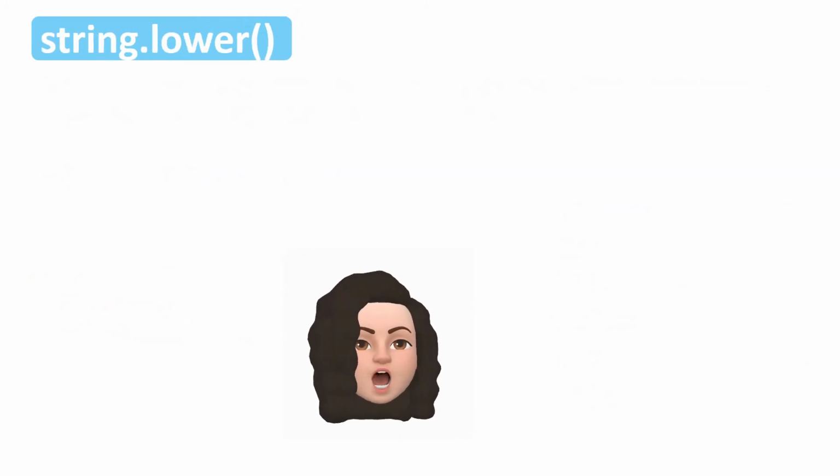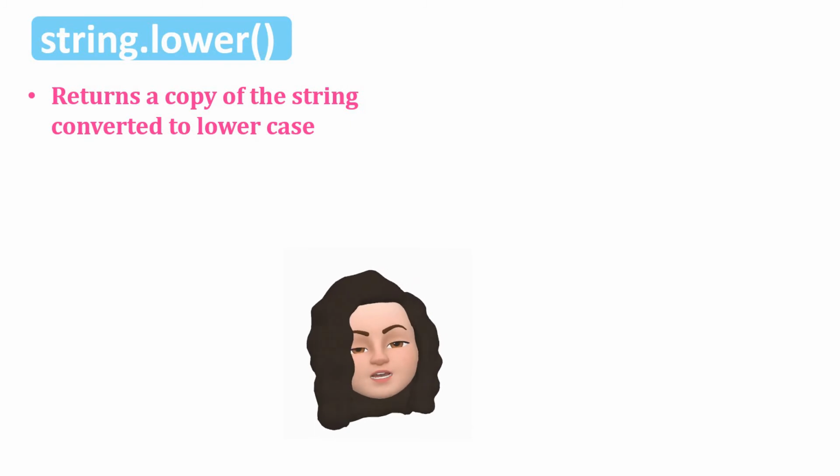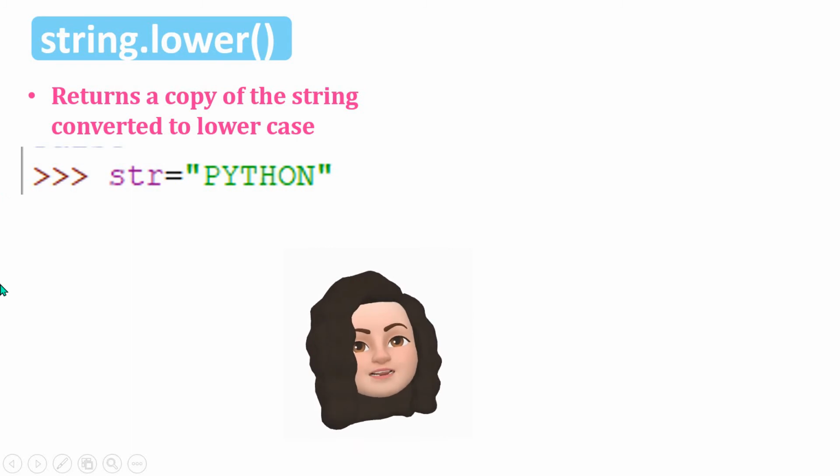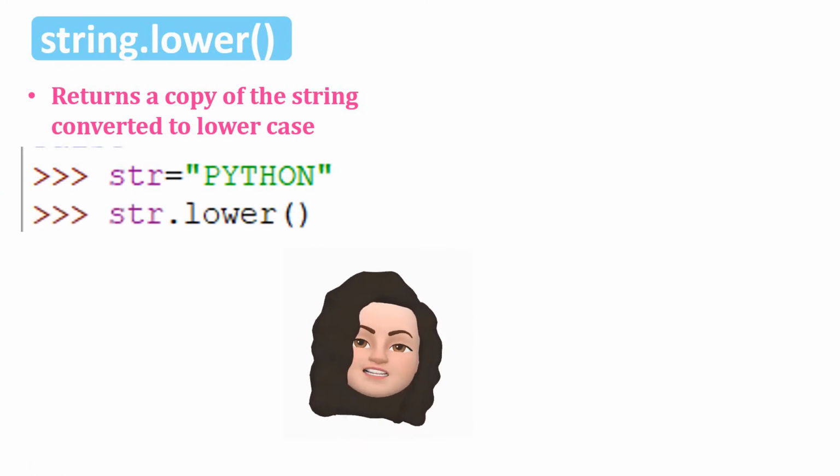The lower function will convert the string into lowercase. So here string.lower() returns a copy of the string converted to lowercase. str is equal to PYTHON. Here all the characters are in uppercase. So str.lower() converts all the uppercase characters to lowercase characters.